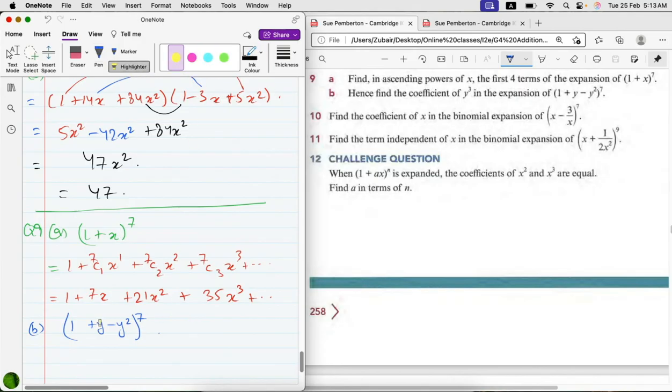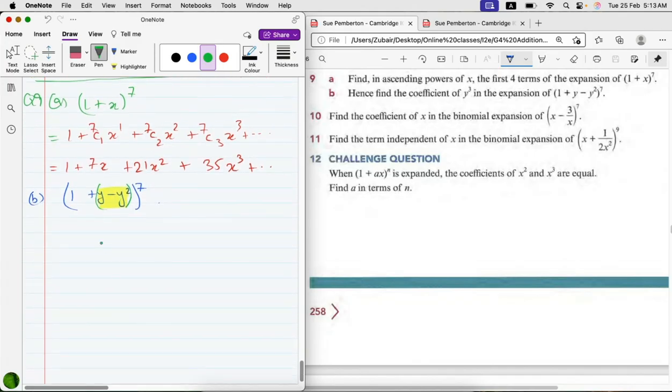So what we are going to do is consider this part as y. In the first part, this is 1 plus y. So we can replace everything in terms of x with this, y minus y squared.